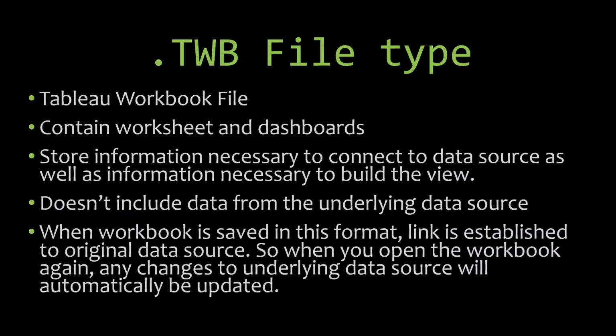When the workbook is saved in this format, a link is established between this workbook and the original data source. So whenever you open your workbook again, any changes you've made to the underlying data source will be automatically updated in your workbook.